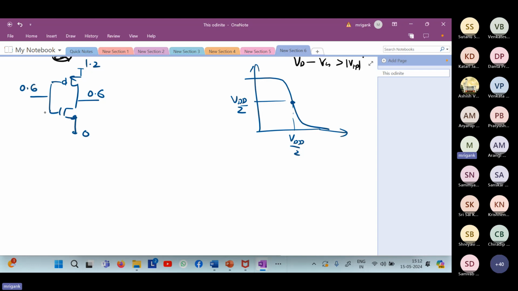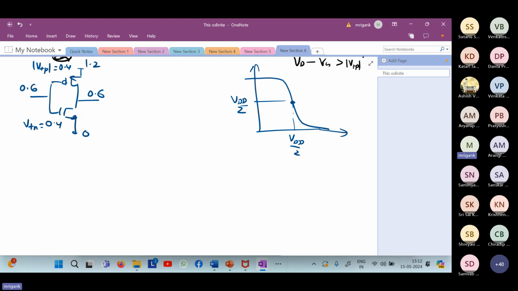Now, in this case, if the VT is say 0.4 volt for the NMOS, VTN, and mod VTP is also approximately 0.4 volt. So what is the condition for NMOS? VGS is 0.4 volt, VDS is 0.6 volt. So still you have VDS greater than VGS, right?